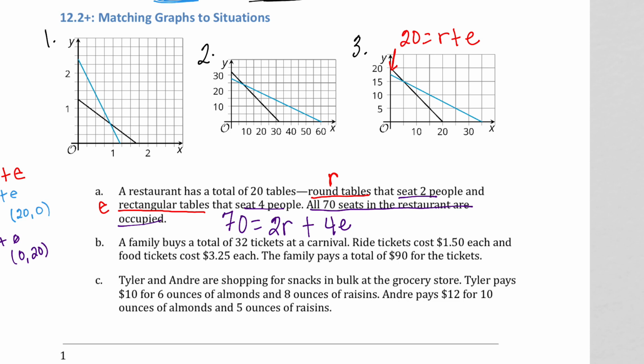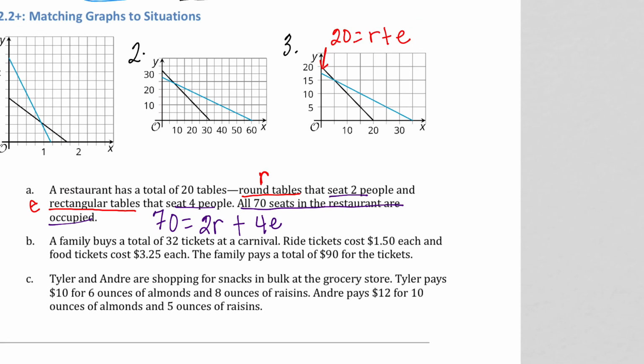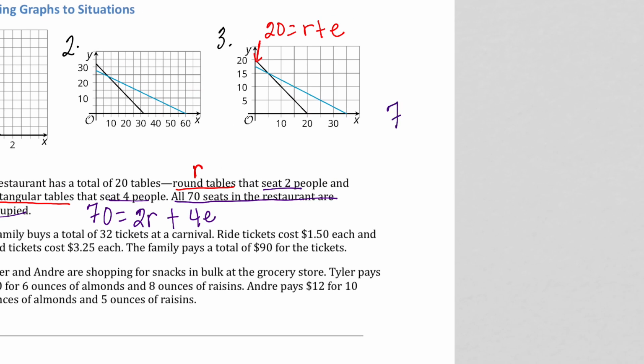How about we solve for slope-intercept form here? So if I have 70 equals 2r plus 4e, do you want to solve for r or e? R. So we're going to solve for r. How do I isolate my r to get it to slope-intercept form? Minus 4e.